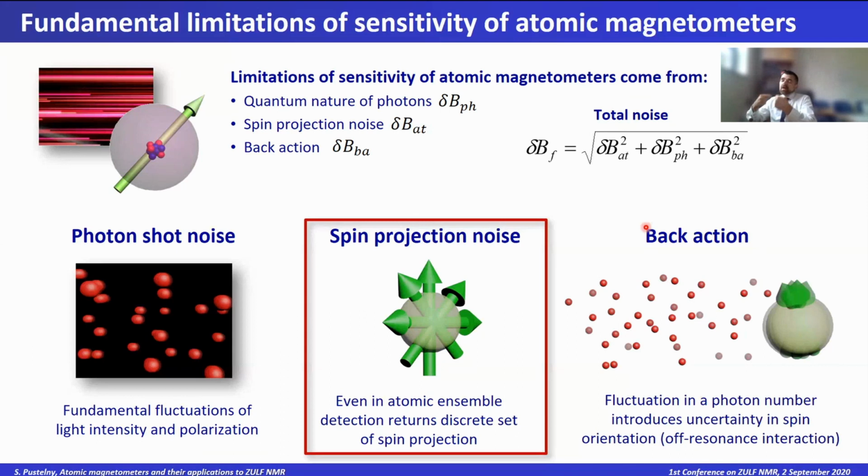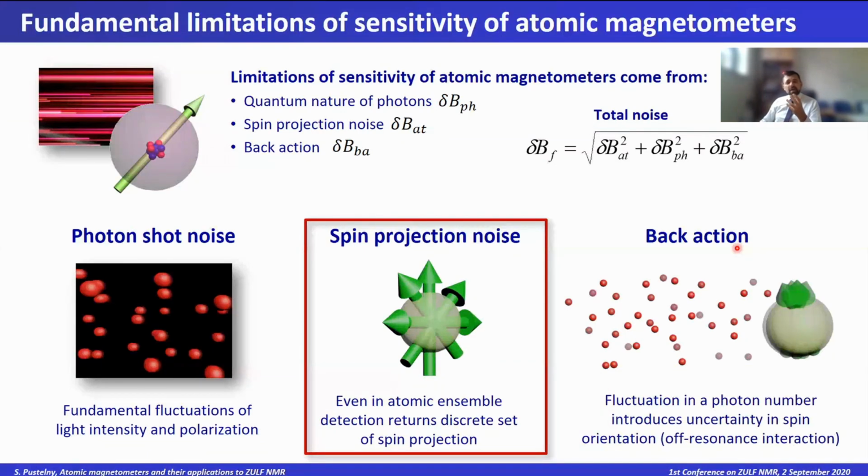Now this uncertainty in the spin polarization comes back to your spins and then affects the transmission of light. So this is something that we call the back action. Because of the interaction of light with atoms and then atoms with light, these fundamental fluctuations of the photon flux also manifest themselves as a source of noise in our system.